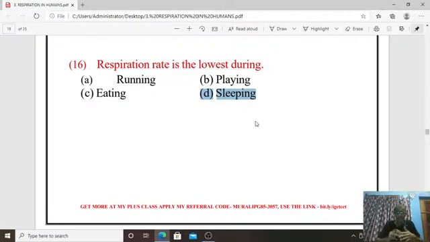Just to regulate the common physiological functions during sleeping, the rate of respiration is slowest, with the least requirement. During playing and running, of course, it is very high. So the answer is D for the 16th question.